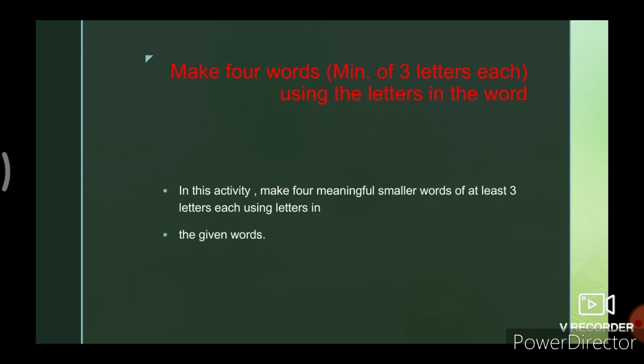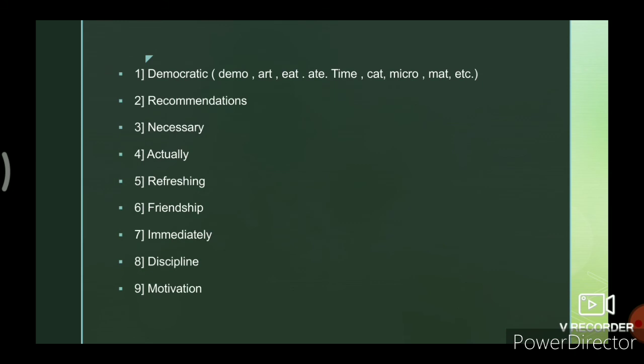As I told you, you have to write 3 letters minimum in each word. In this activity, make 4 meaningful smaller words of at least 3 letters each using the given words. Here I have given some examples, and there is a specimen also.